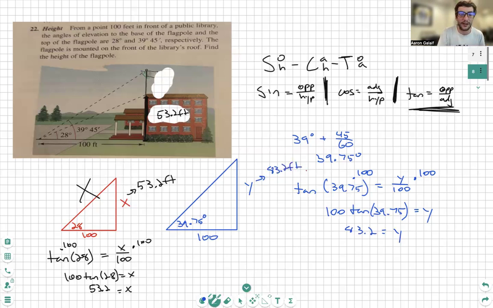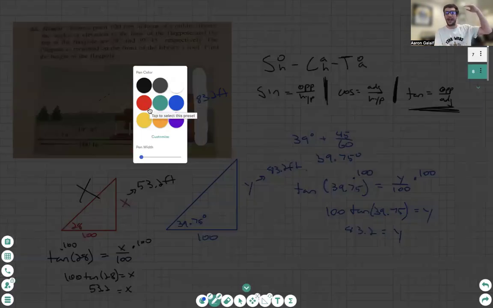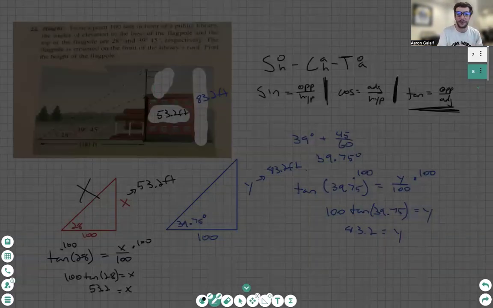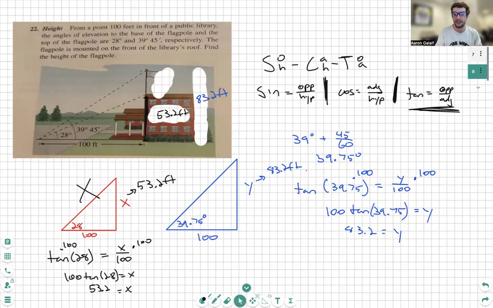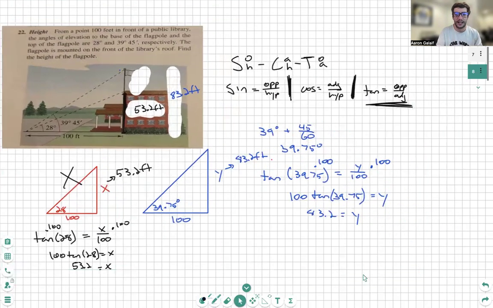So now let's talk about it. If this whole thing from bottom to top is 83.2 feet, and from bottom to the base of the flagpole it's only 53.2. So if I were to redraw this, just to make it a little neater and make the visual a little more straightforward, this is the height of my building that we just found. This is the height of the building plus the flagpole.